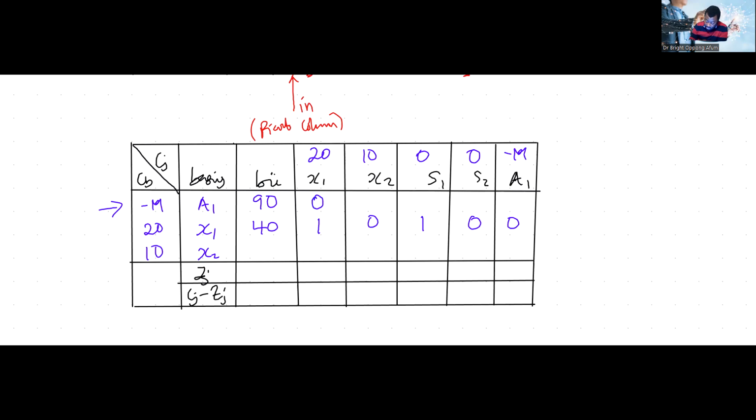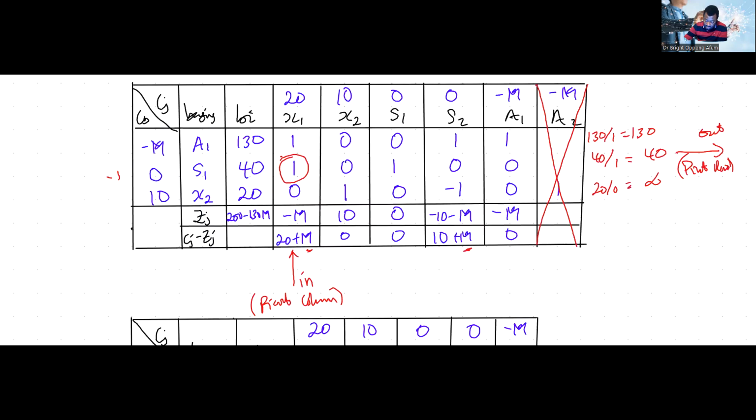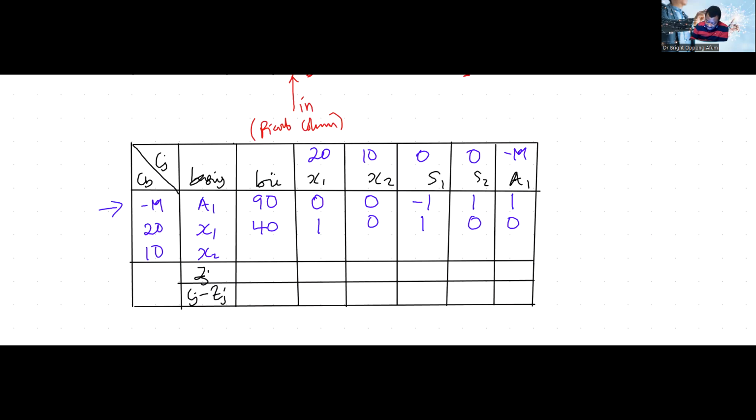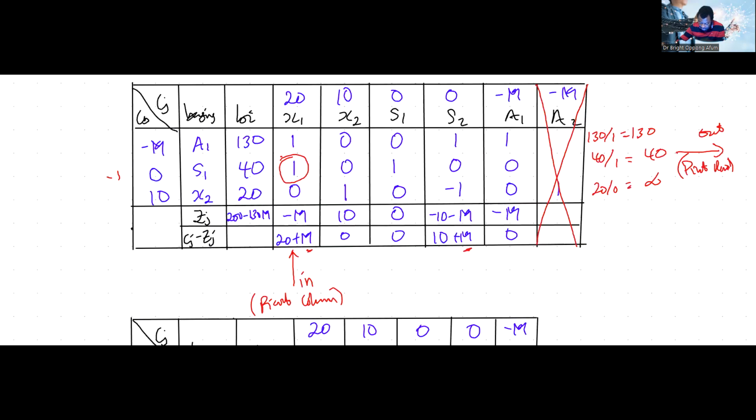Then we have 0, negative 1, 1, and 1. Then for X2, the corresponding number is 0, so everything remains the same. Remember, 20, 0, 1, 0, negative 1, and 0.